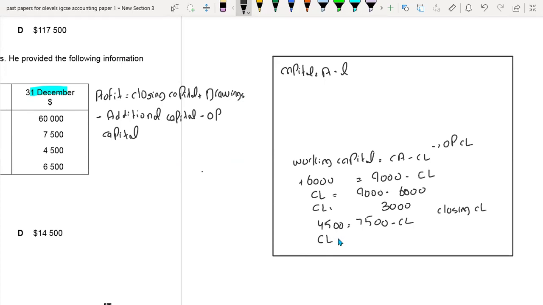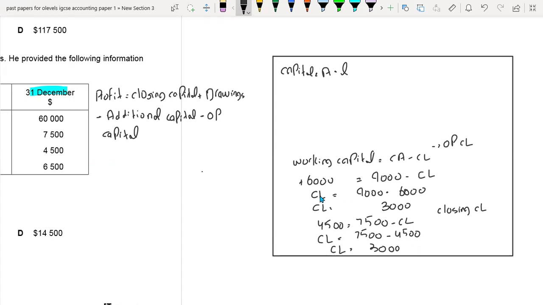So now just shift the current liability here and 4,500 here on the right side. So 7,500 minus 4,500. So again the closing current liability is 3,000. So it means that the current liability is the same. Now we can easily find out the answer. Okay.